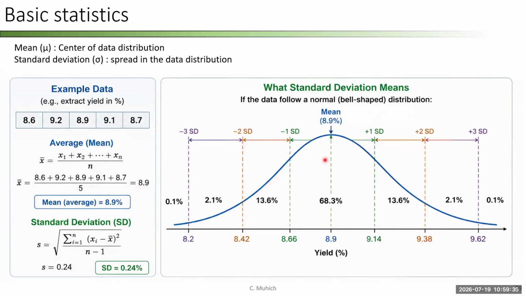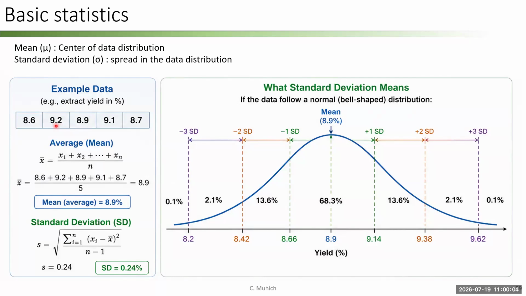We also want to say how narrow this peak is. The narrower the peak, that's saying that if I redo this experiment over and over again, I'm getting very consistent results. This is desirable. If instead of getting 8.6 to 9.2, I was getting from 4 to 20, something is wrong with how I'm doing the experiment.